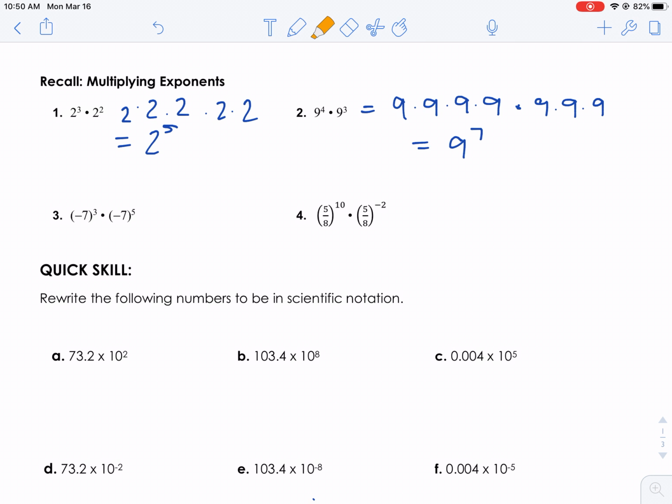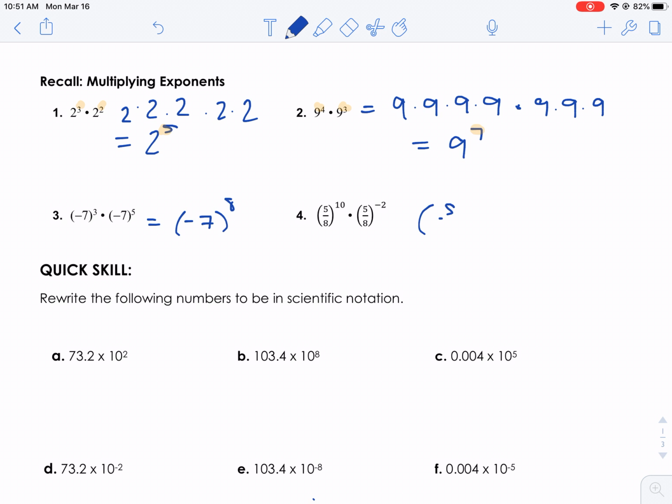Okay, so if you recall, the operation we're doing with our exponents is addition. In number 1, 3 plus 2 gives us 5. In number 2, 4 plus 3 gives us 7. So we can apply that rule to number 3 and 4. In number 3, the base stays the same, so negative 7 stays negative 7. The exponents get added, so 3 plus 5 gives us 8.